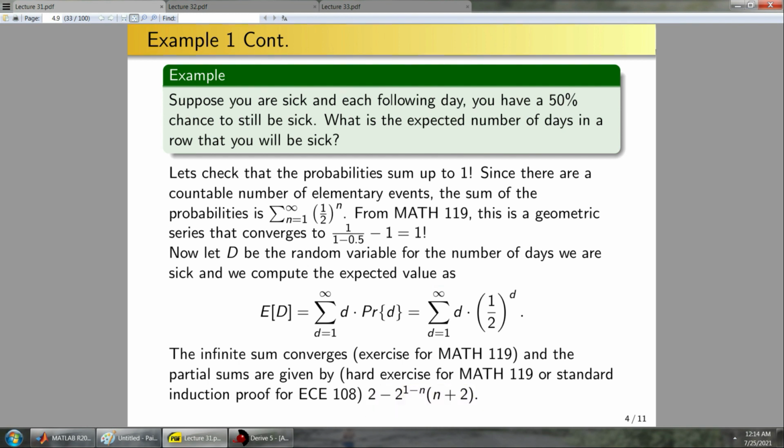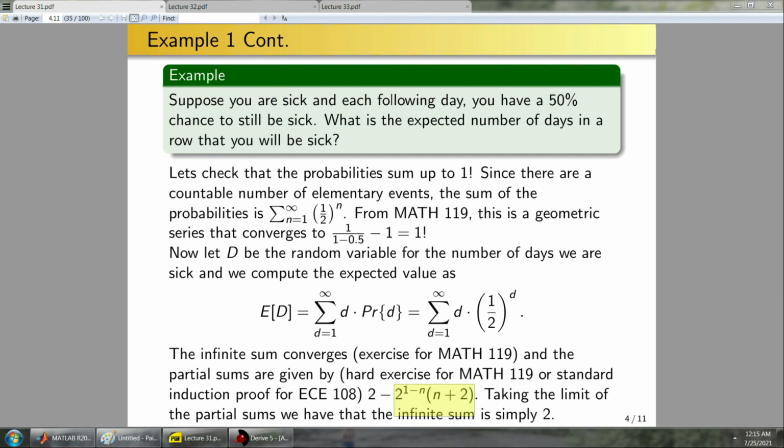Okay, so from here, taking the limit of the partial sums, the infinite sum is simply going to be given by what? Well, the limit as n goes to infinity of this thing approaches 0, so the net limit is 2. Okay, so out of all of this, the expected number of days that we will be sick in a row is simply going to be exactly equal to 2.